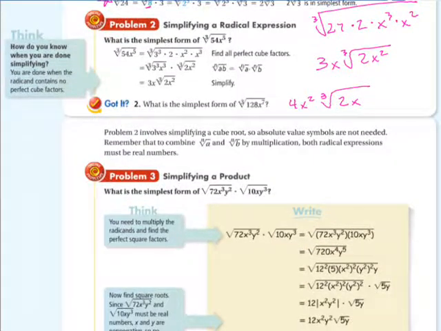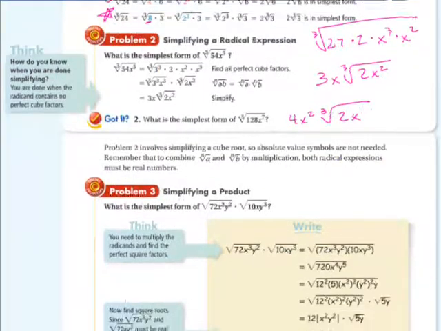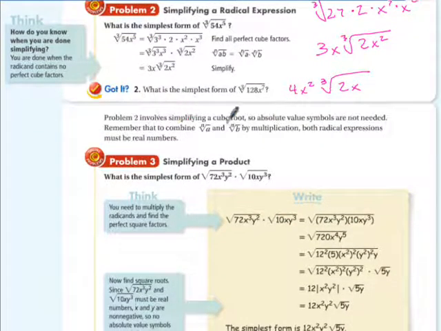All right, let's look at this one, simplifying a product. Problem 2, all the way back up here, involves simplifying a cube root, so absolute value symbols are not needed. Remember that to combine the nth root of a and the nth root of b by multiplication, both radical expressions must be real numbers. Okay, so what is the simplest form of this?